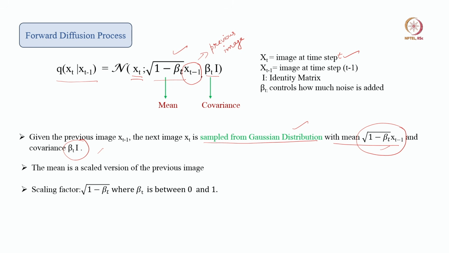So, the mean is a scaled version of the previous image and the scaling factor is the square root of 1 minus beta t, where beta t varies between 0 and 1. Now, the next question is, why is such a scaling of the signal strength required? Is it required, or if it is not there, what will happen? That we will see a little later.